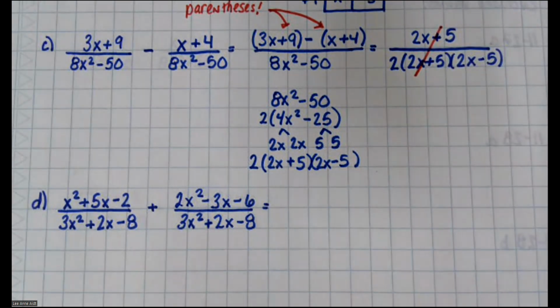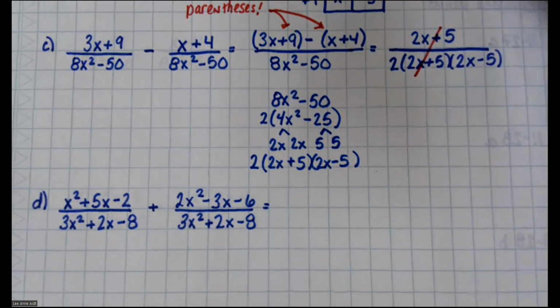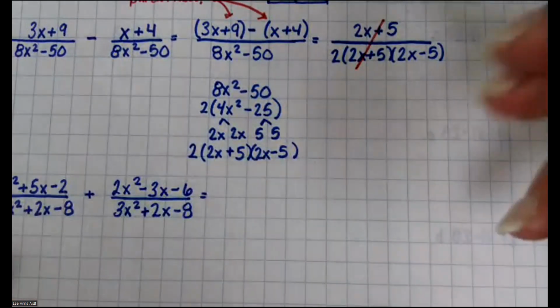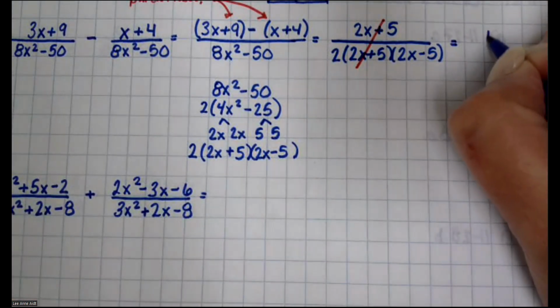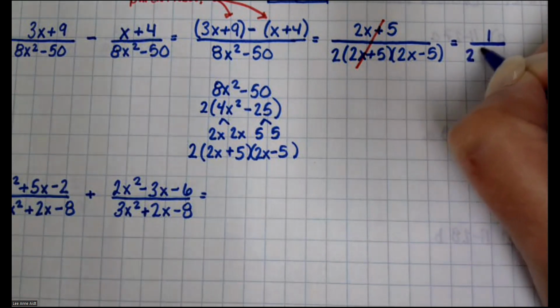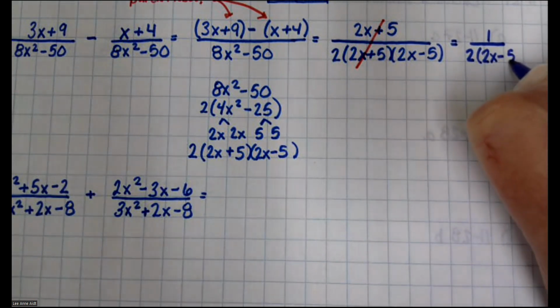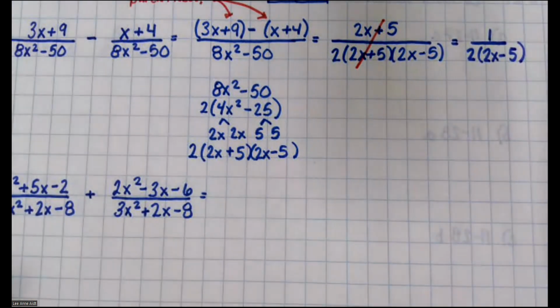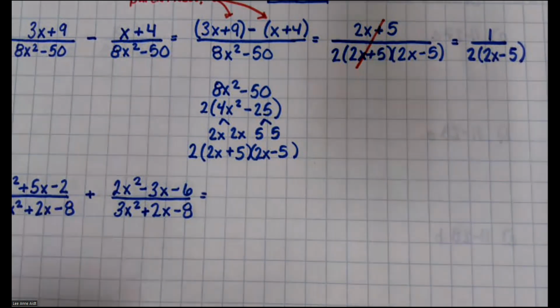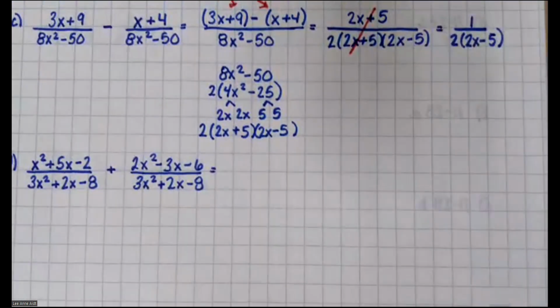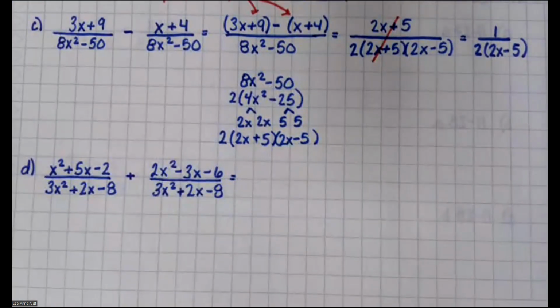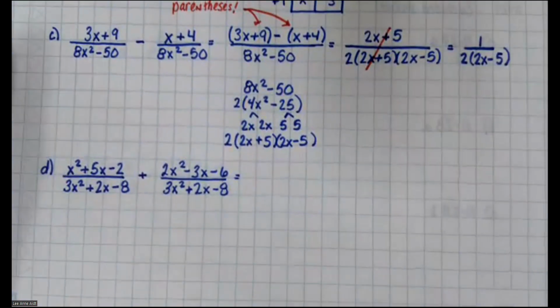Reduce. Okay, we're not going to talk about excluded values because in number 29, I'm going to ask you to come back and look and find the excluded values for this. Okay.